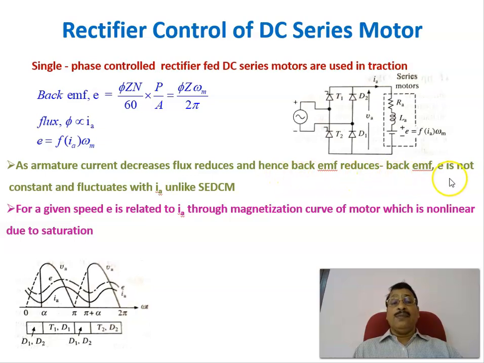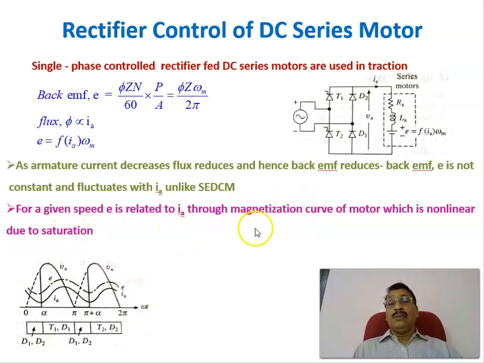And back EMF small e is not constant and fluctuates with the armature current Ia, unlike a separately excited DC motor. For a given speed, E is related to Ia through the magnetization curve of the motor, which is non-linear due to its saturation.